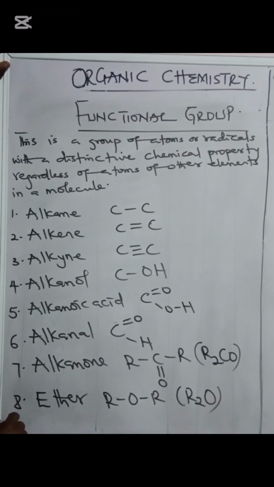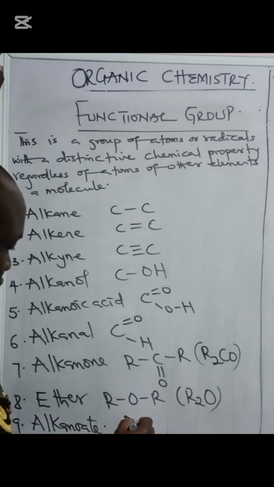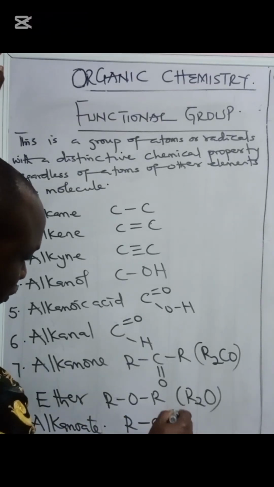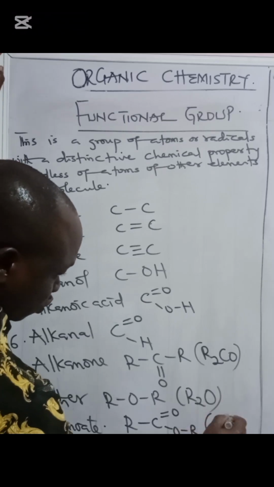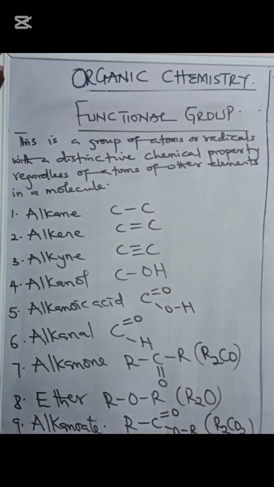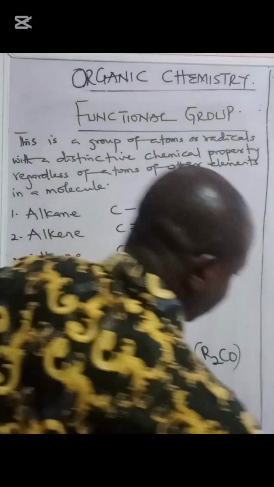We have alkanoates. Alkanoate is written as RC double bond O, OR, which is written as RCO2R. That's the functional group in alkanoates. We have seen the functional group in alkanoates.